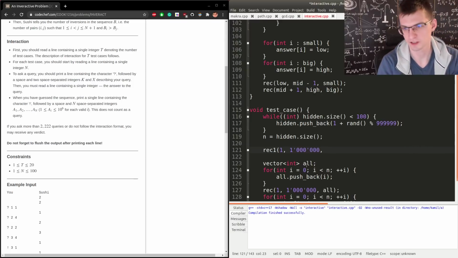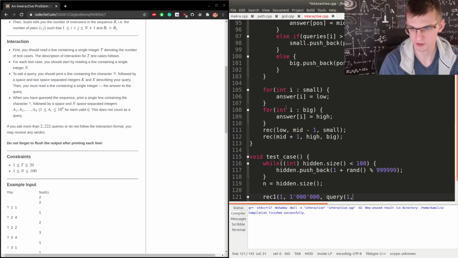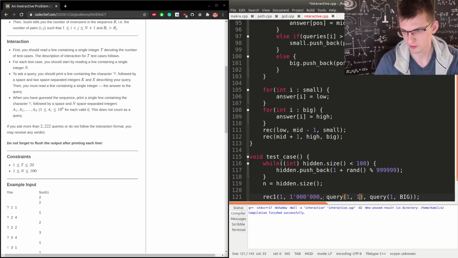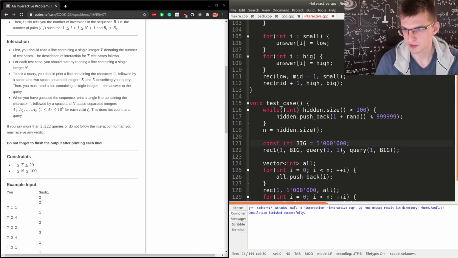And let's ask query on 1, 1, query on 1. If I'm using this so many times, then let's create a constant. Big is this.